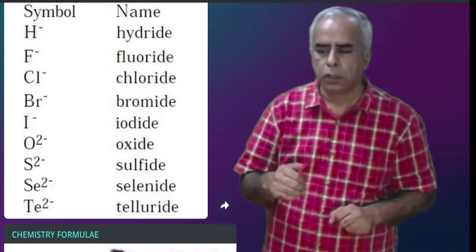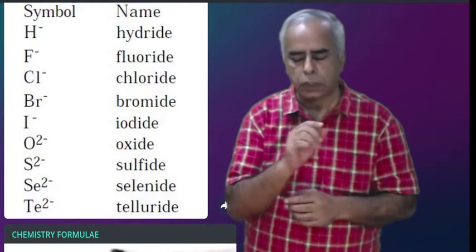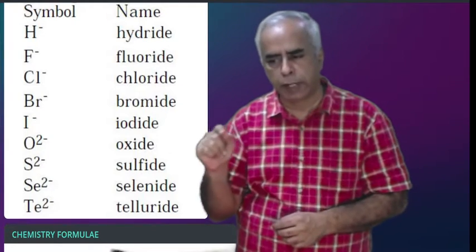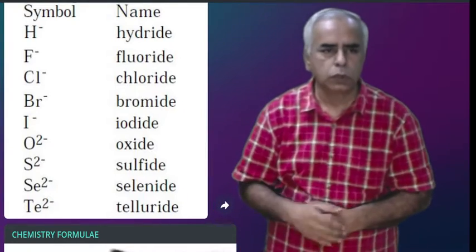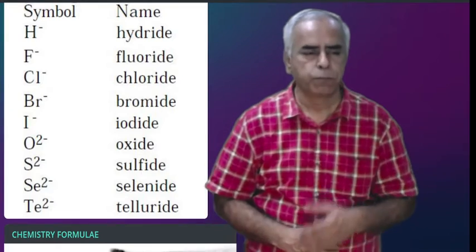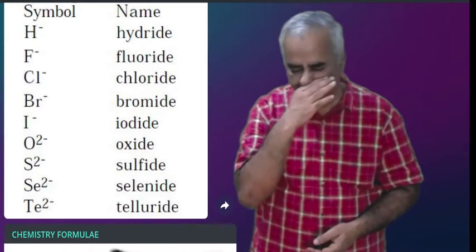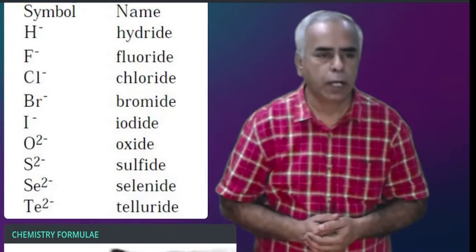For example, lithium plus, Li plus, and H minus, hydride, give LiH, lithium hydride. Are you able to follow? Similarly, F minus, fluoride; Cl minus, chloride; Br minus, bromide; and I minus, iodide.